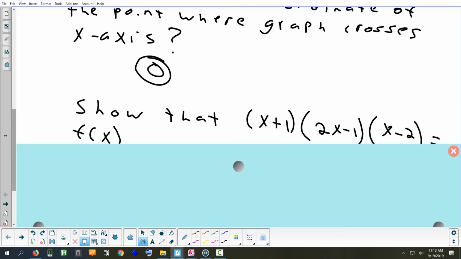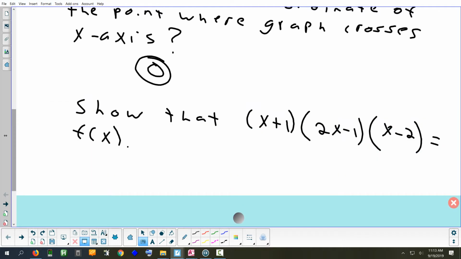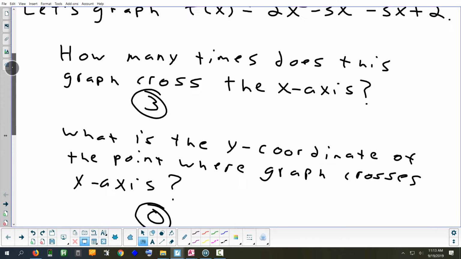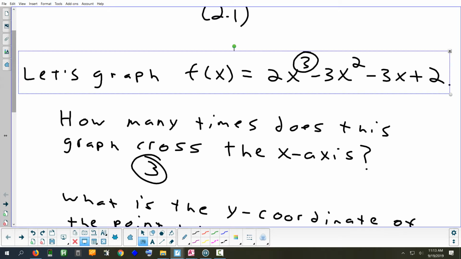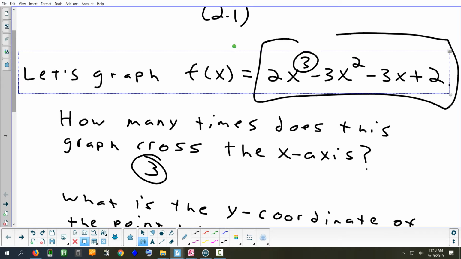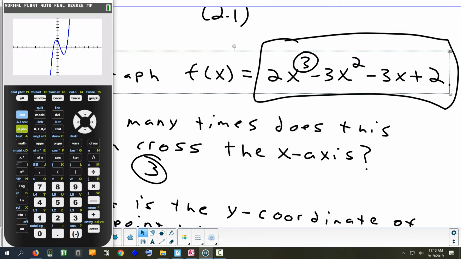All right, so this part, I'm not going to go through this, but if you FOILed this out, this times this, and you did that all out, and then you'd get an answer, and then you'd have to FOIL it one more time, you would get that. Okay, so what I just put a box, in fact, I can just show you by typing it in. It's actually a quicker way to do it.